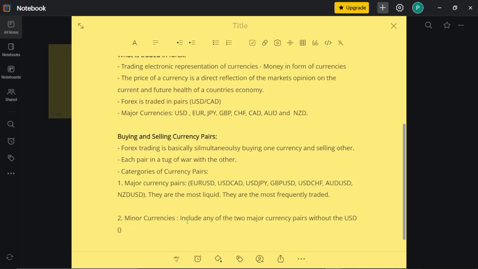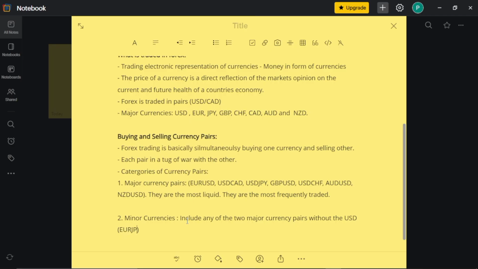So you can cross any of the two major currency pairs without the US dollar. They are also very important in the market, and they are well traded, although they are not as frequently traded as the majors.